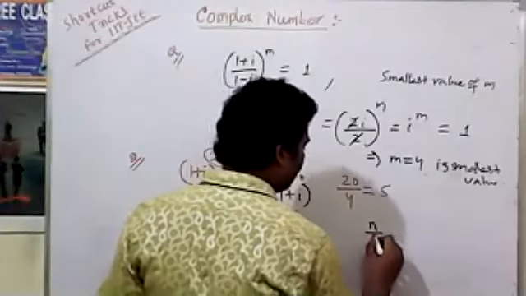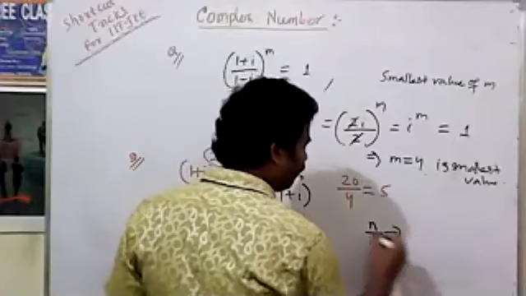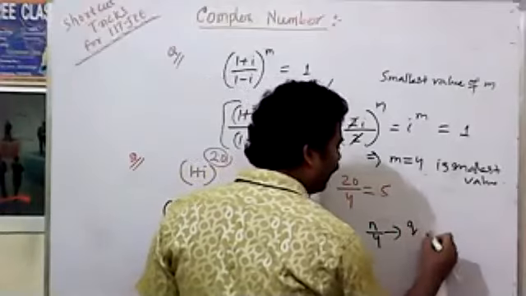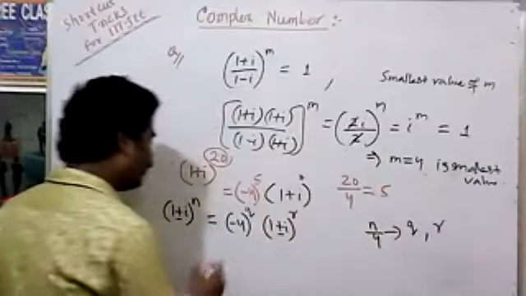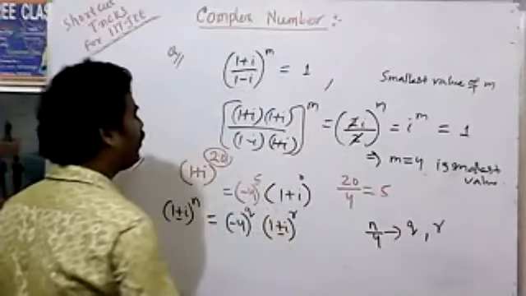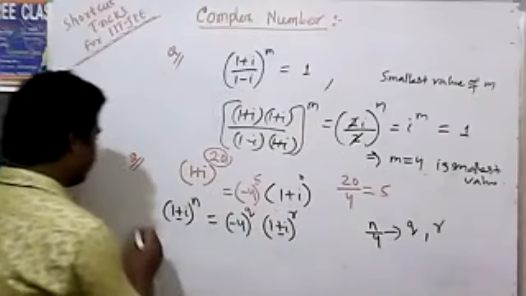Whatever n is, you have to divide by 4. After dividing, some quotient comes and some remainder comes. Whatever the quotient, you write it, and whatever the remainder, you write it; in this way this is the value.